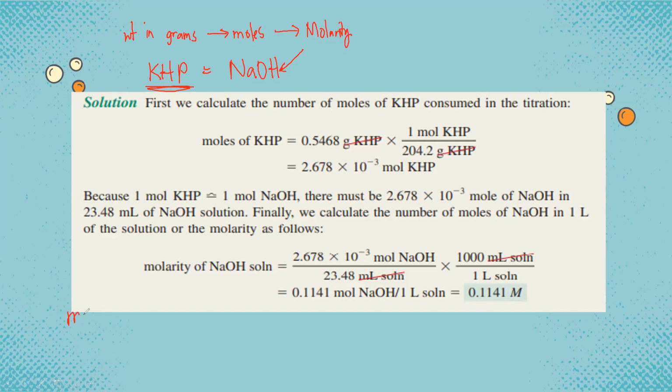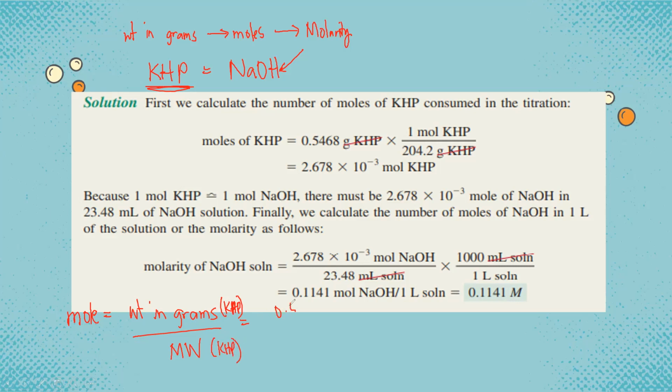So we will get first the mole. This is equal to the weight in grams divided by the molecular weight. Pero remember that the weight in grams na binigay is for the KHP. So, ang hahanapan mo rin ng molecular weight is si KHP pa rin.